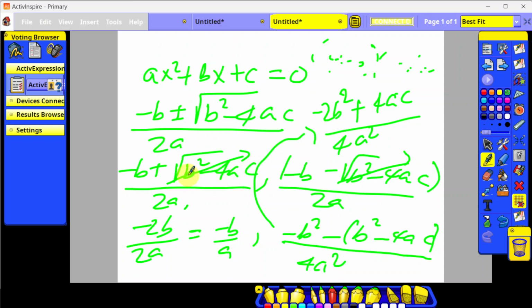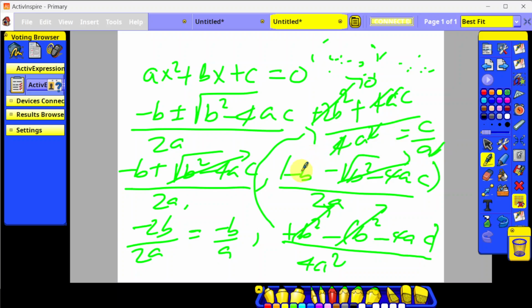Yeah, this is plus, not minus. So this cancels with this, because minus b squared is plus b squared, so plus b squared minus b squared is 0. So we get 4ac over 4a squared, so cancel a with a, 4 by 4, so that becomes c over a.